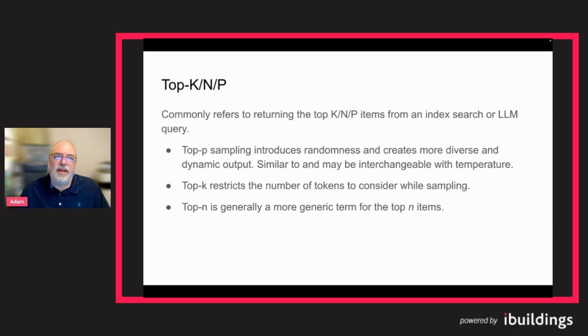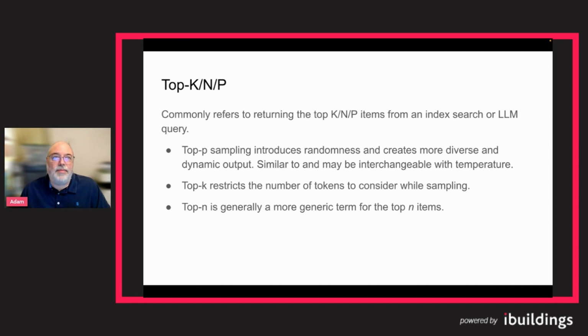So maybe you can tighten it down, and it may be more likely to get the right answer with less data, or you may need to expand it out, and it will get the right answer with more data. For most use cases, it's not necessary to alter the dials on top P and top K, but just know that they're there. And if you're almost there, but it's not quite what you want, you may be able to get what you need with top K and top P.